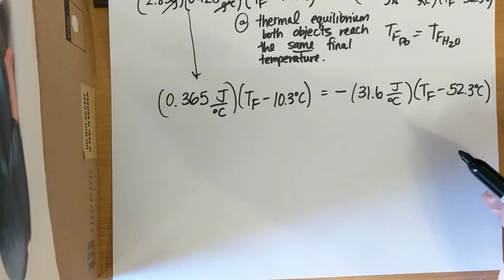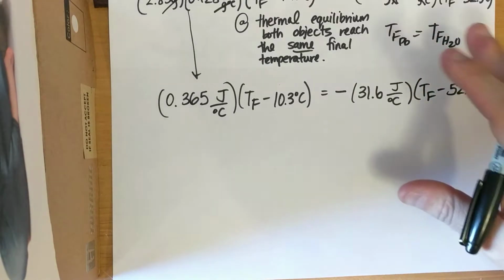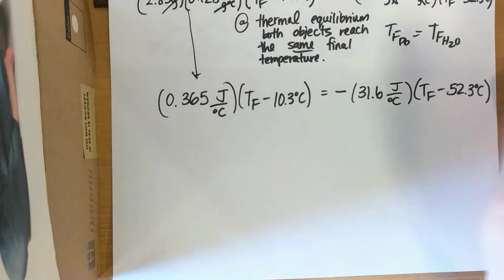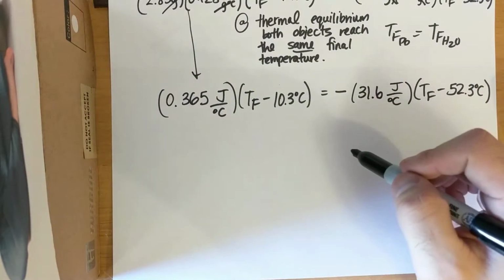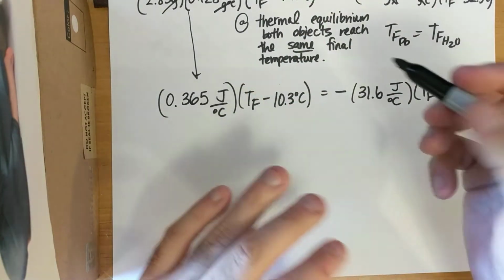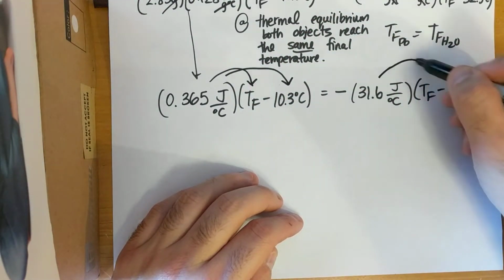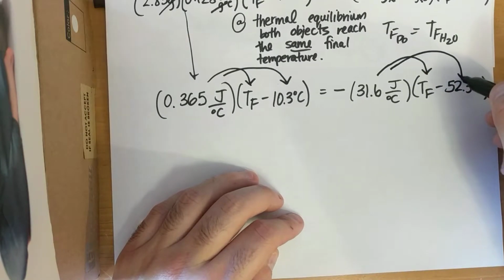Okay? Now, there are so many different ways algebraically that you could solve for this. Some of you may just like move this to this side and move this to this side and do a bunch of fancy things. I like to just distribute, right? And then just solve for TF. So I'm going to distribute on this side and distribute on this side.